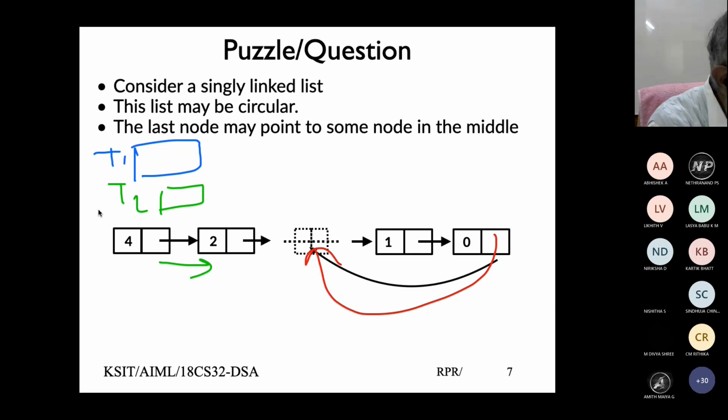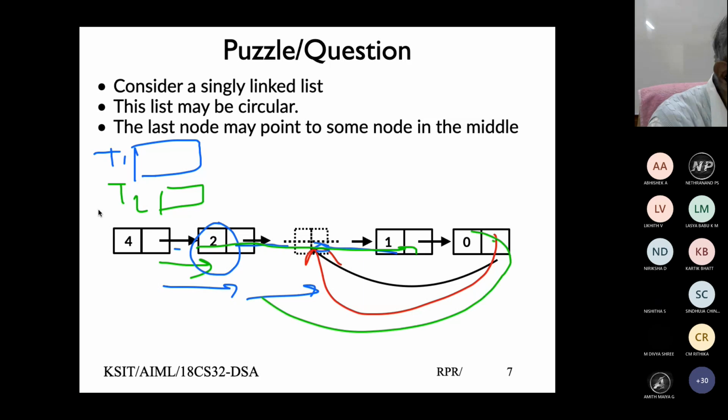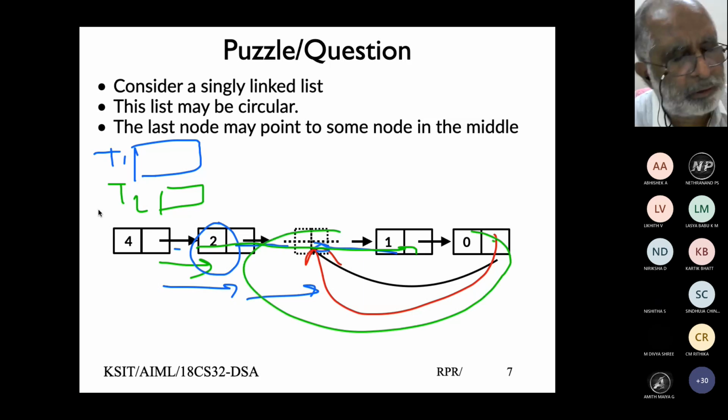And each time, when we traverse two nodes, we compare whether my pointer is equal to the previous traversal's node. Because if it is circular, the first is traversing slowly and the other is faster, so it's going to catch up. Because it's going to catch up, I would notice it is circular.